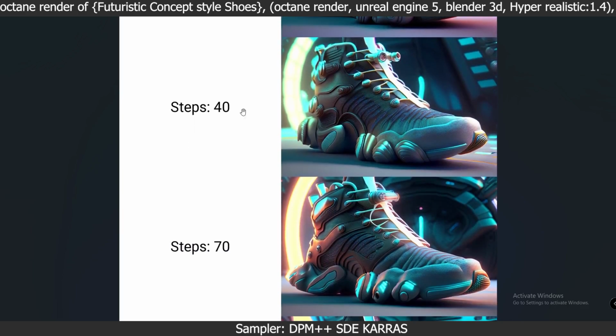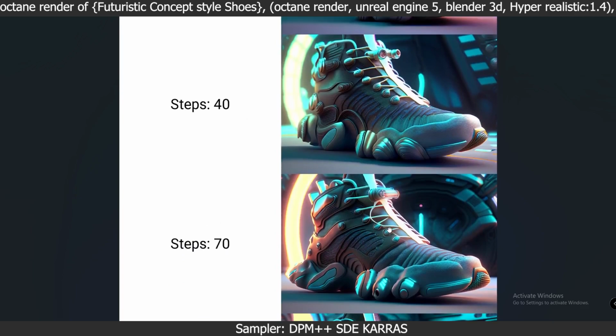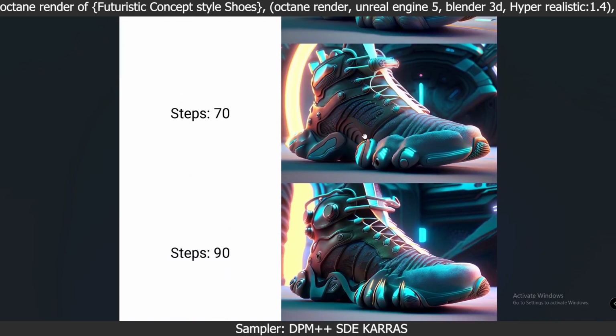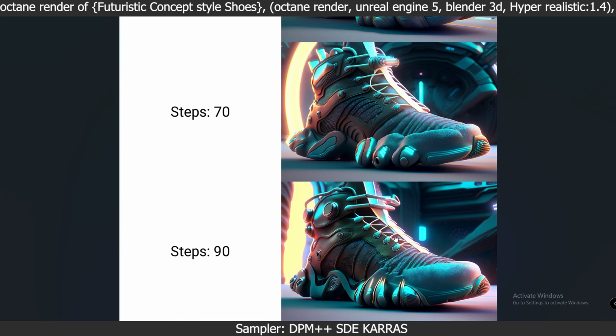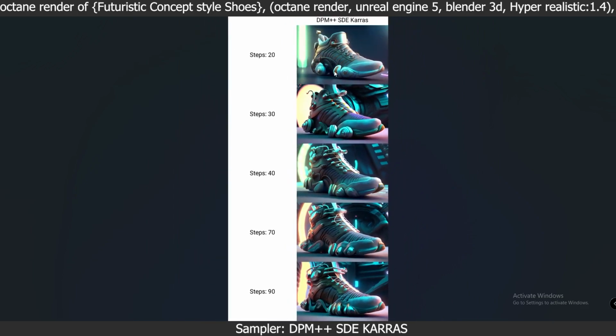And from 40 to 70 as well, you can see there's a difference going on, and this part of the shape over here also changed. So there's a change going on at 70 steps as well on this sampling method. Yeah, there's a lot of difference going on, and from 70 to 90 as well there's a lot of difference going on in this part of the shoes. I will say that in this sampling method, DPM++ SDE Karras, you will find a difference in every sampling step.